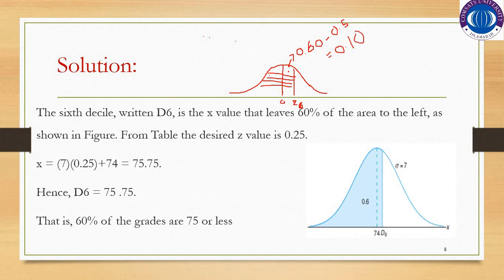So the area between the mean and Z is 0.10. We will go through the body of the table, find where the area 0.10 or approximately 0.10 is located, and find the corresponding value of Z.